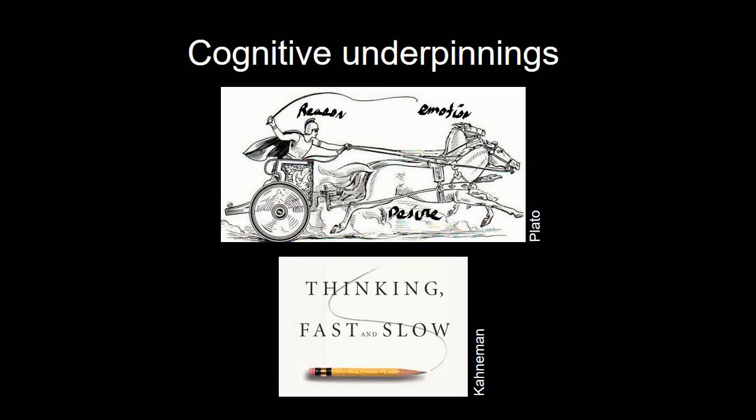But the idea, again, is that he uses this fast and slow language to talk about emotion versus reason. So you have fast, automatic, emotional, gut feeling processes that then compete with more slow, controlled, cognitive, rational processes.